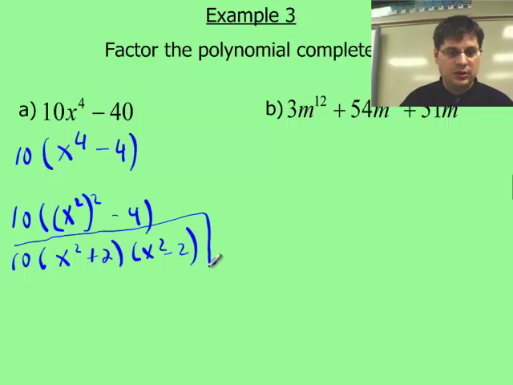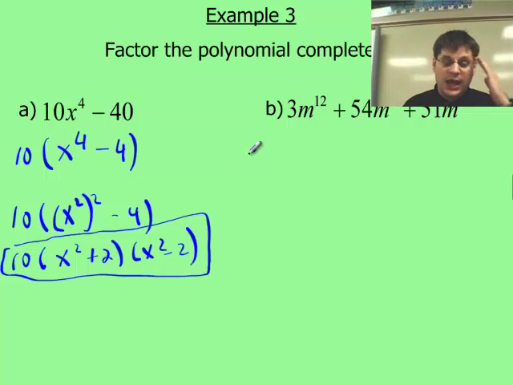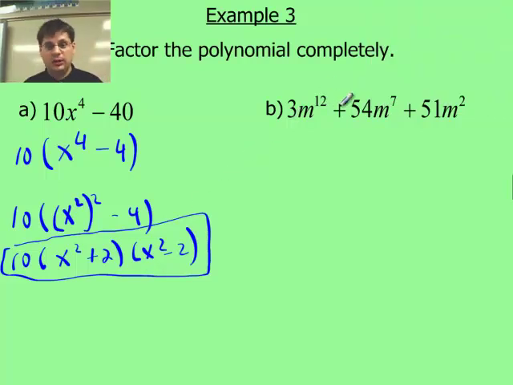The same methodologies we use for quadratics can be applied here, and as we'll see, can be applied with b as well. So again, first thing I want to do, check for greatest common factor.